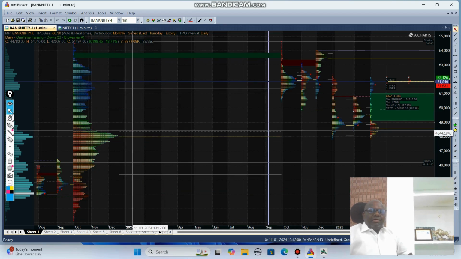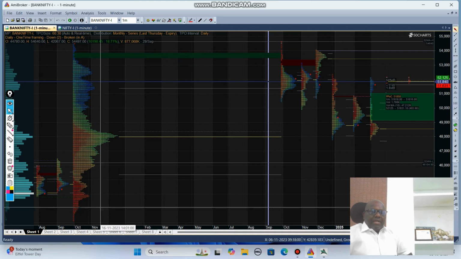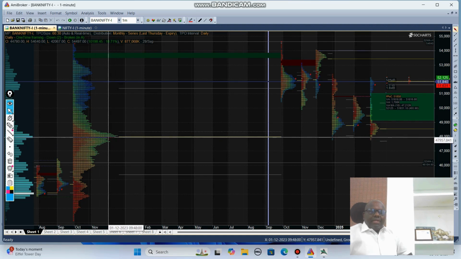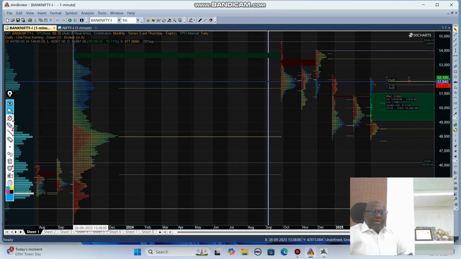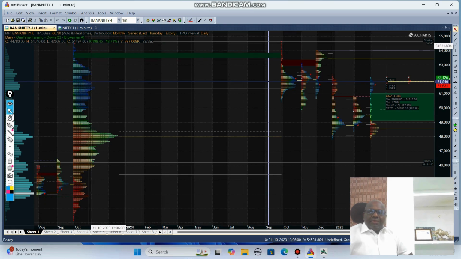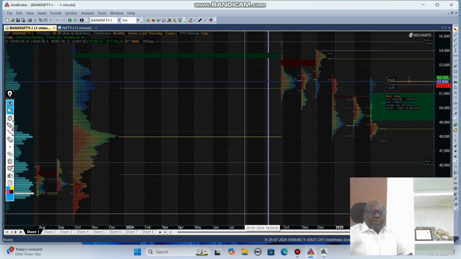For example, this is the 1 year data, the bell curve is developed in this zone, and the clock will not be developed. For long term players, the clock will not be developed and the bell curve shape will not be developed. So for 1 year they can predict that the market will travel in this zone only, like 54,000 and 42,000. In this zone only the Bank Nifty will travel.